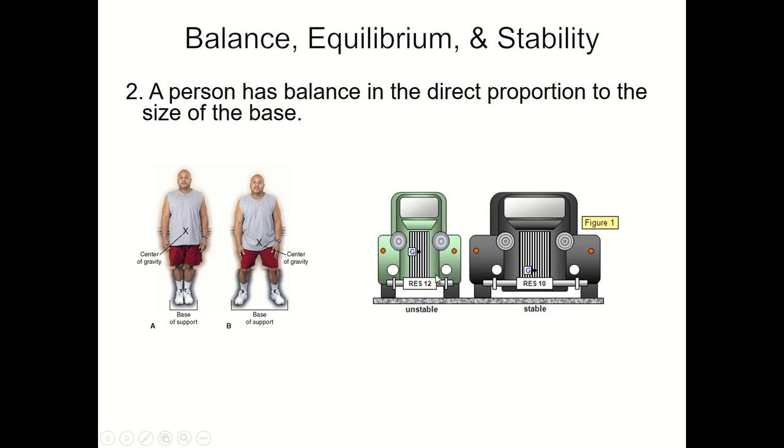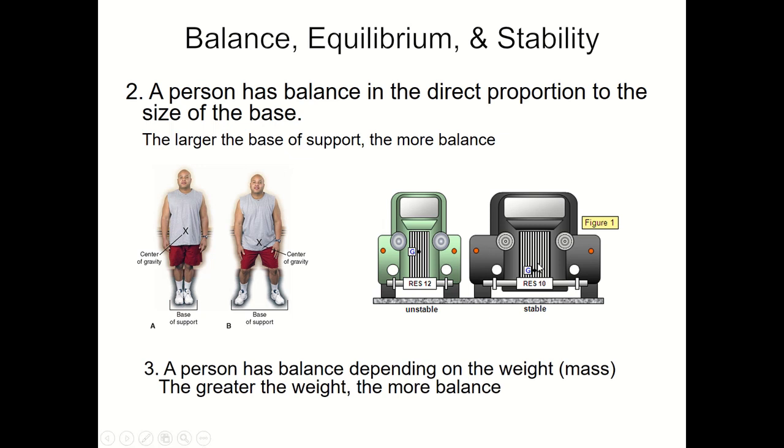It's very similar to a car. A car that is skinny, right, has a higher center of gravity. It's unstable going around a corner compared to a car which has a wider base of support, lower center of gravity, more stable. So the larger the base of support, the more balanced you are, or any object, in fact, is.